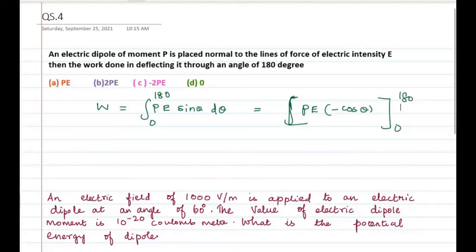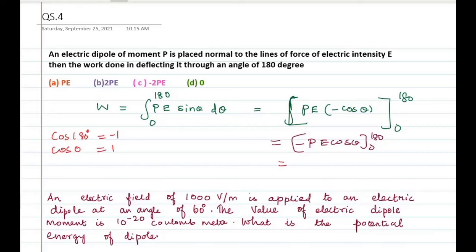Which will be equal to minus PE cos theta, with the value from 0 to 180. So what is cos 180? Cos 180 degrees is equal to minus 1 and cos 0 is equal to 1.